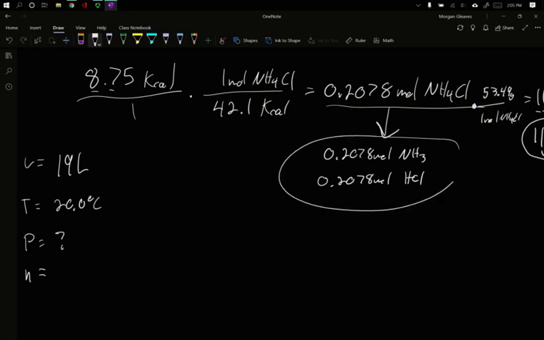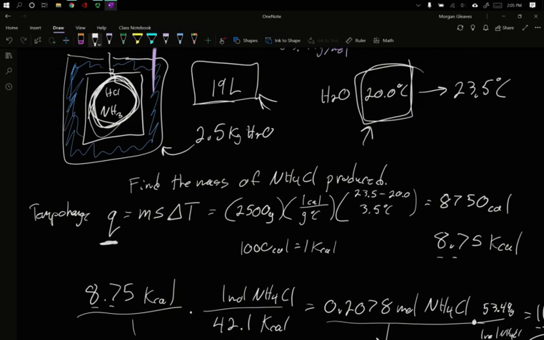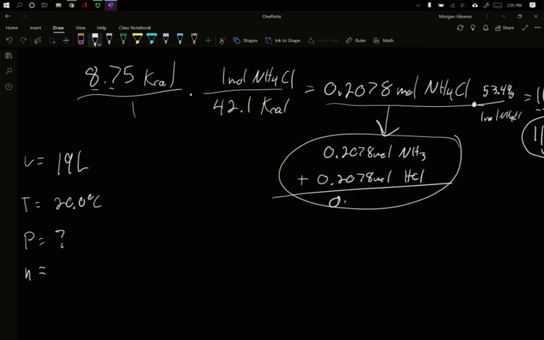Well, both of these are in our container, so it's really the sum of both of them is the total number of moles in the reaction. The total number of moles that were in our container at the beginning. So it's the sum of both. 0.4156, and we had 2 sig figs at that point.